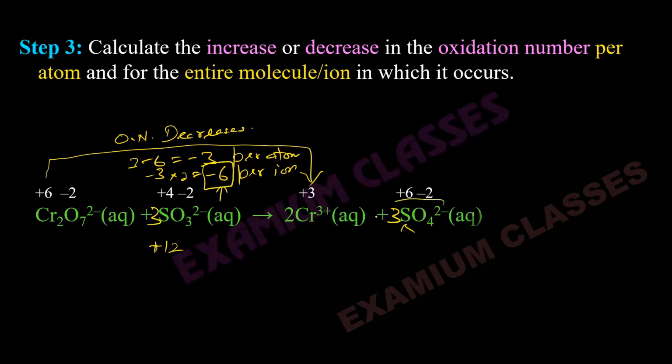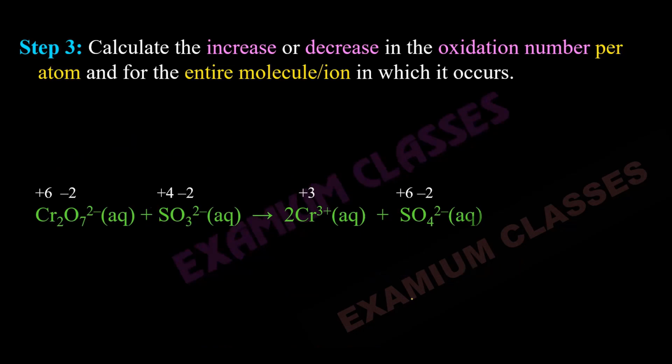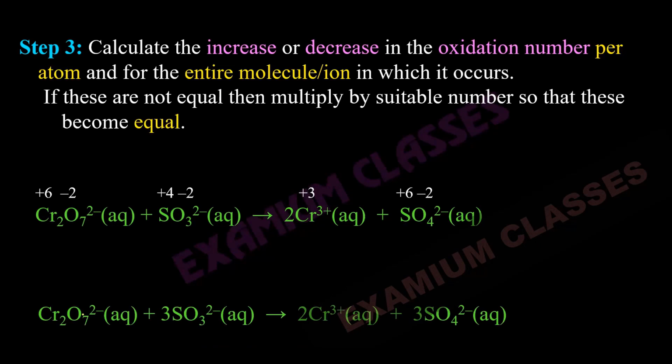Similarly, 1 sulfur in the sulfate ion had +6 oxidation state, but now I am considering 3 sulfate ions, so the total contribution will be 3 into 6, that is 18. Now you can check the difference. The difference now is final minus initial, that is +6. So after equating the decrease and increase in oxidation state per molecule, we get this reaction.